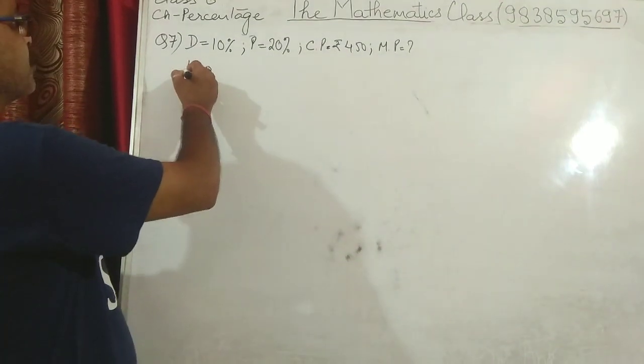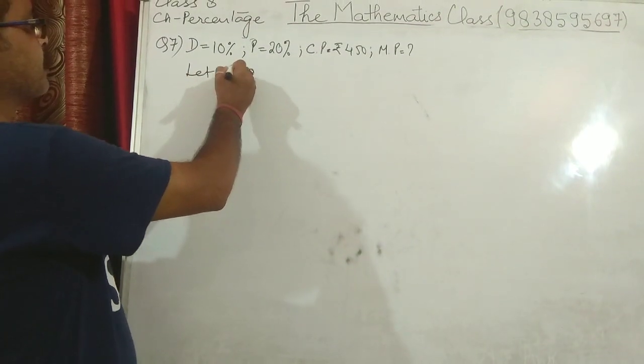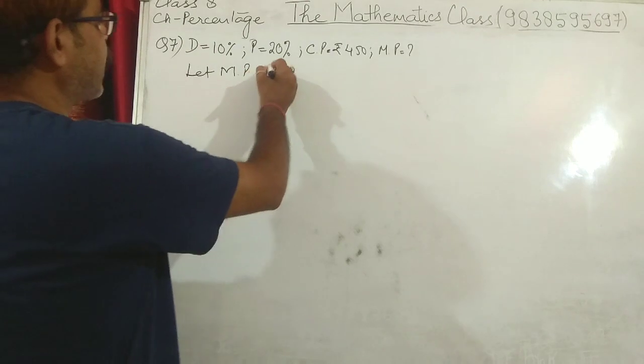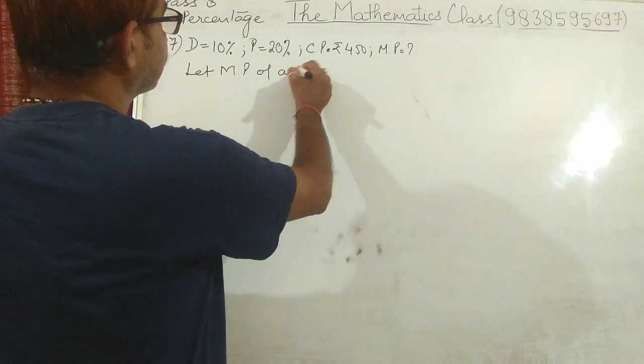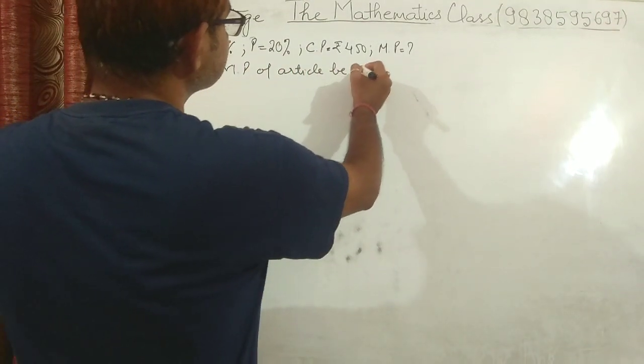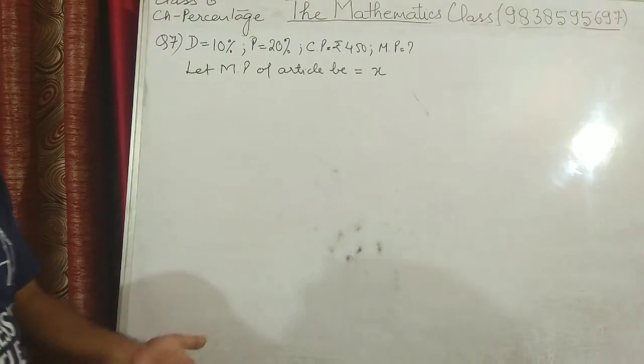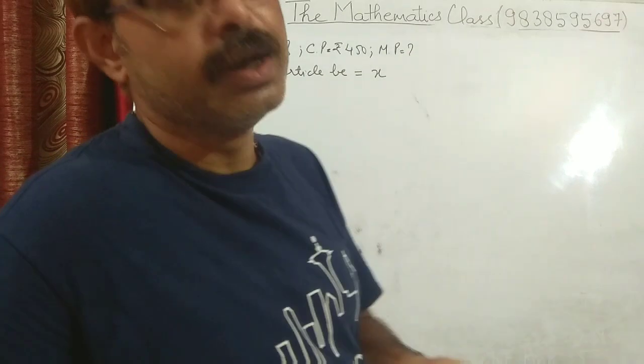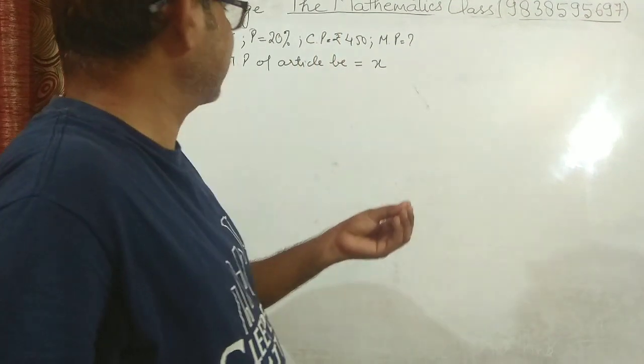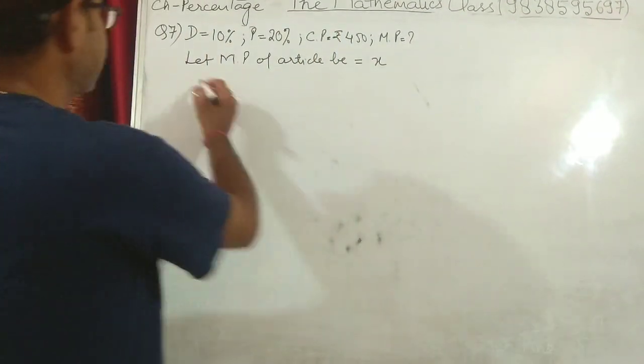So let us assume that the mark price of the article be rupees X. First of all, since we have to find out the mark price, I have taken it as a variable. So let the mark price be rupees X. So what will be the selling price?